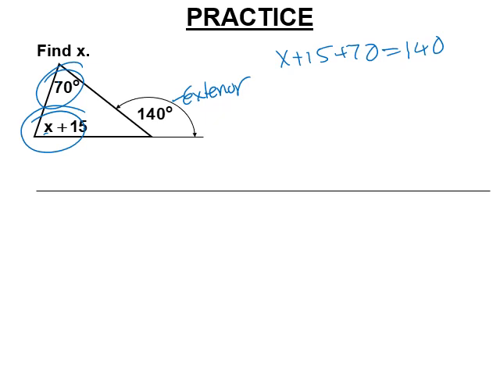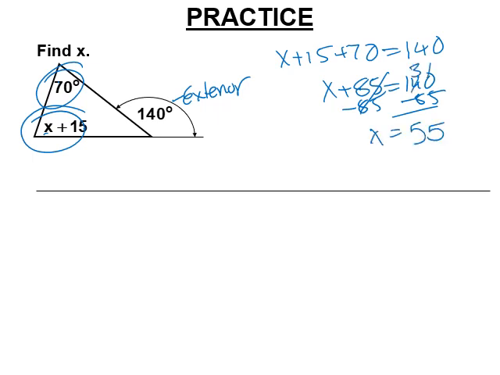The exterior angle equals the two interior angles that are not adjacent to it, not next to it. So x plus 85 equals 140, so x here is 55 degrees.